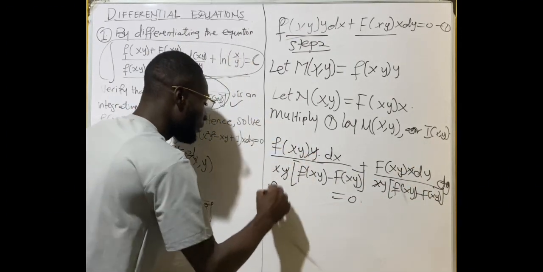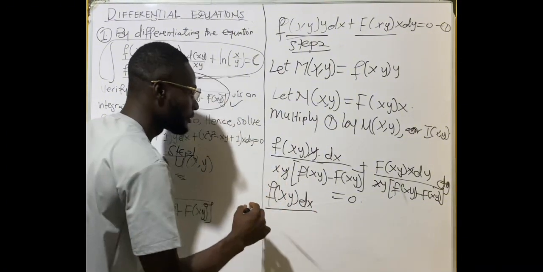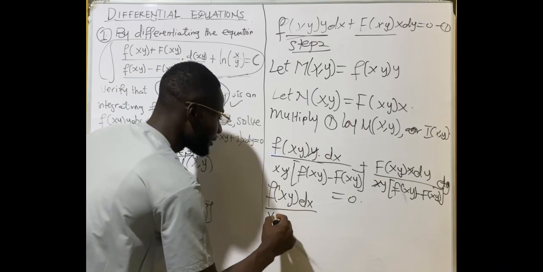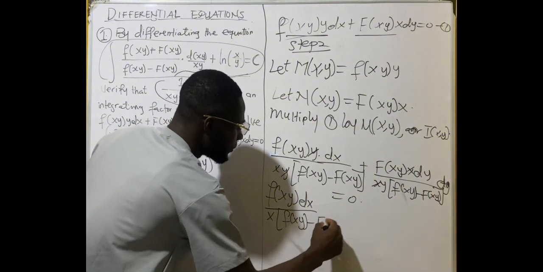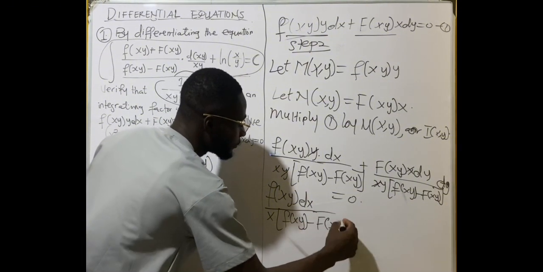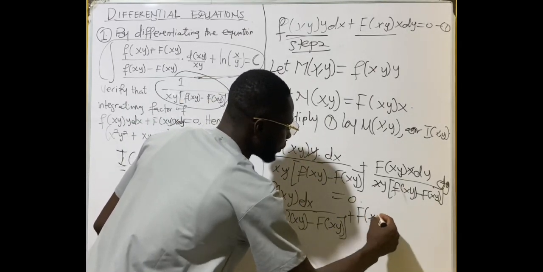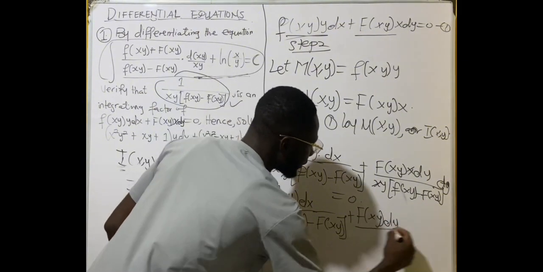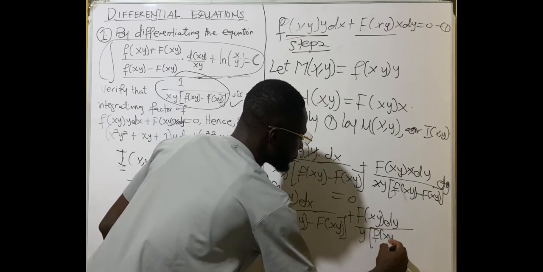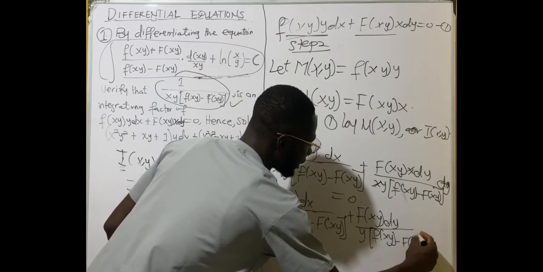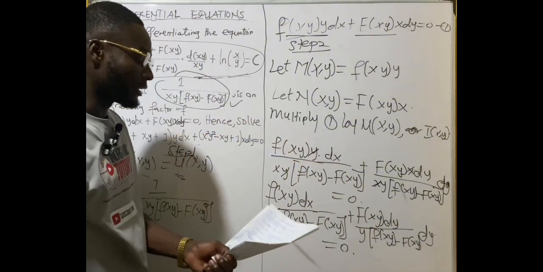So we're going to have f of x y dx all over x into small f of xy minus big F of xy, plus big F of xy dy all over y into small f of xy minus big F of xy, and that still equals 0, right?